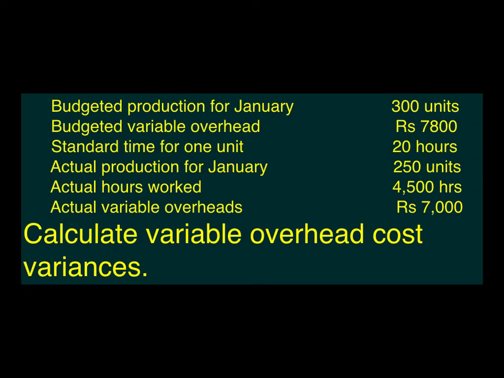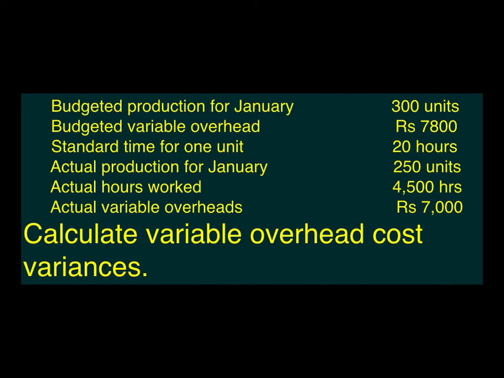So the example goes like this. Budgeted production for Jan is 300 units. Budgeted variable overheads is 7,800. So we can calculate the overhead recovery rate per unit. Standard time for one unit is 20 hours. Instead of providing budgeted hours, they gave us the standard time for one unit. So one unit can be produced in 20 hours.